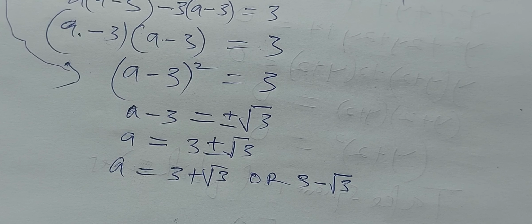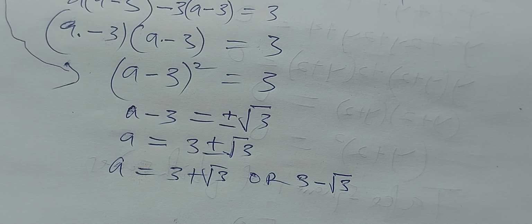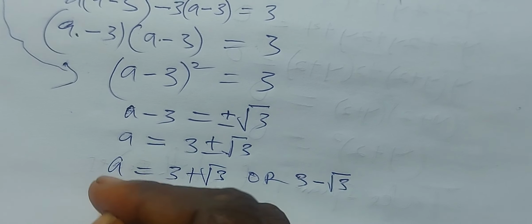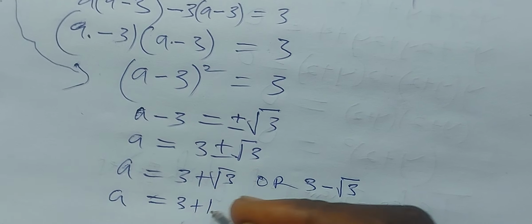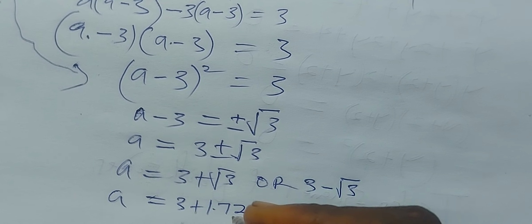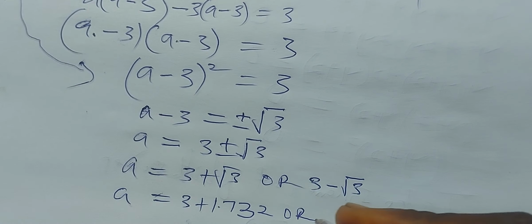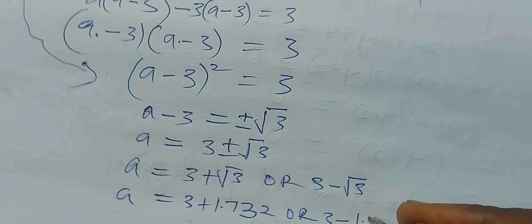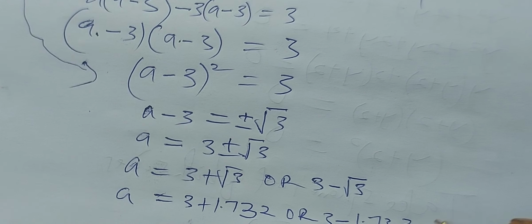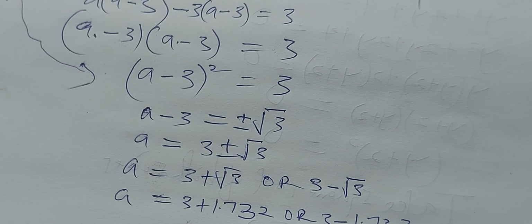The square root of 3 is 1.732. So a is equal to 3 plus 1.732 or 3 minus 1.732.